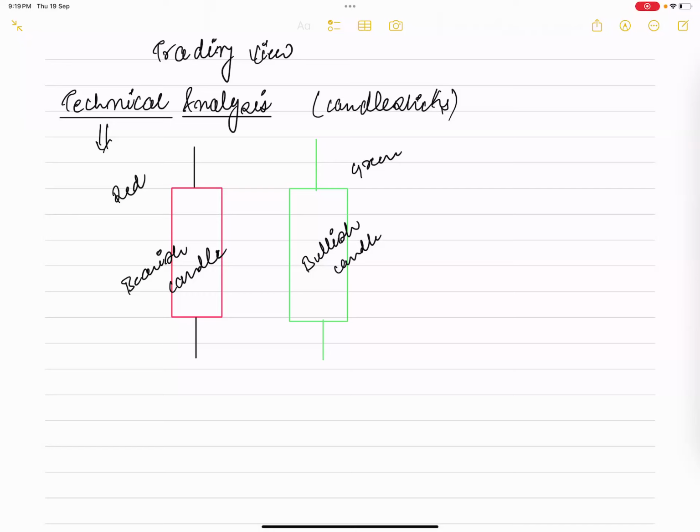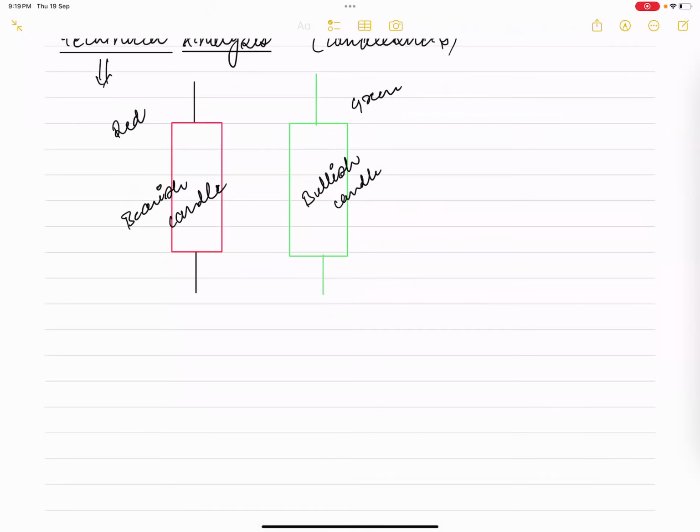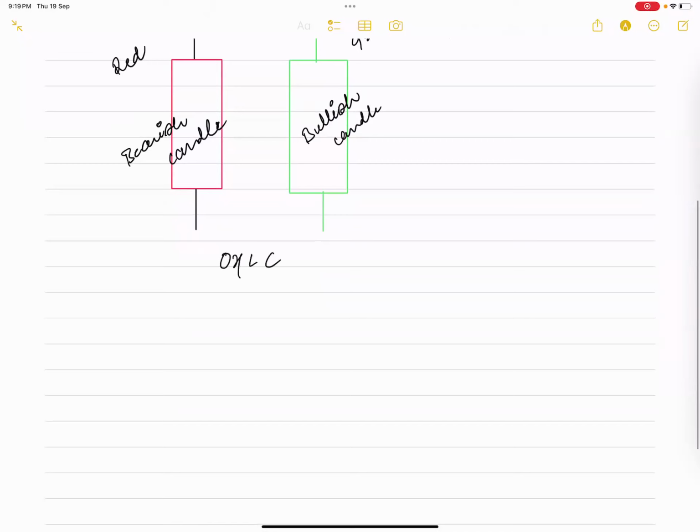The red candle looks like this and the green candle looks like this. The shape is like a candle, which gives information about OHLC. Now, what is OHLC? Anybody who has an idea what OHLC is?